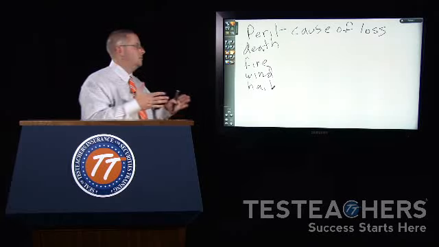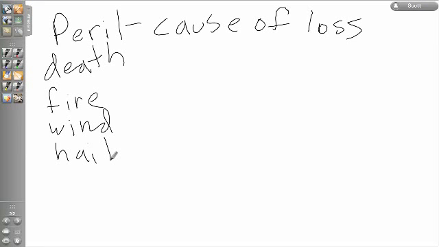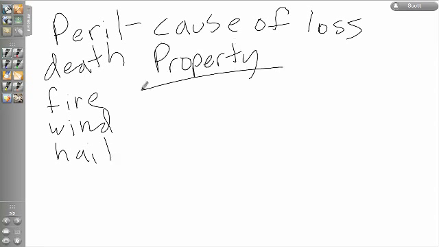Okay, so let's focus on that just a bit. So we learned about peril as a cause of loss. Now, if I buy a policy, okay, so I buy a property policy, and I want to know what perils are covered in my policy. The insurance company can write the policy in one of 2 ways.